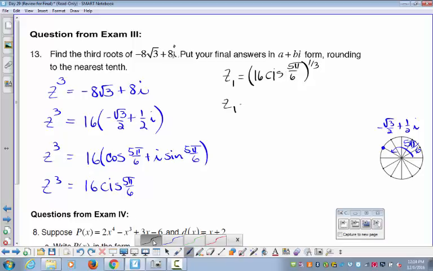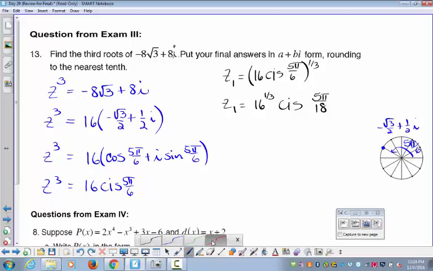De Moivre's theorem says that we take that 16 out in front and raise it to the 1/3 power, and what do we do with the 1/3 in the angle? Multiply it. So 5 pi over 18. That will be our first answer in trigonometric form.